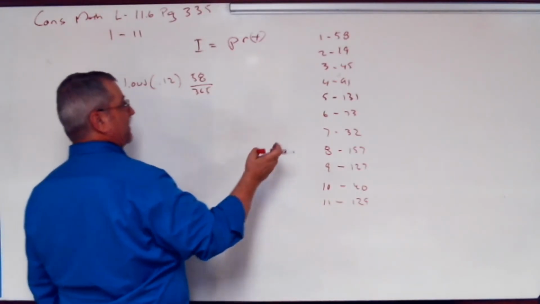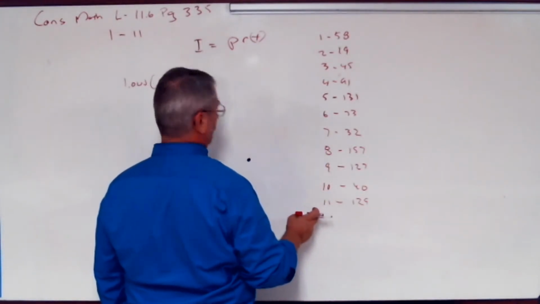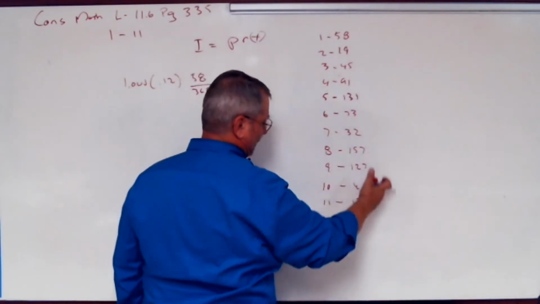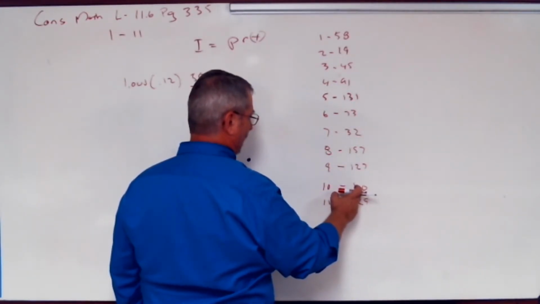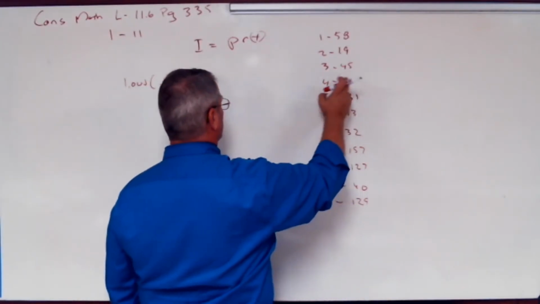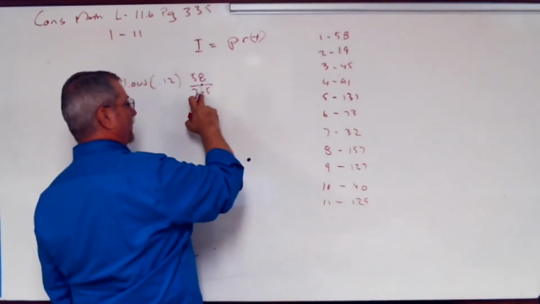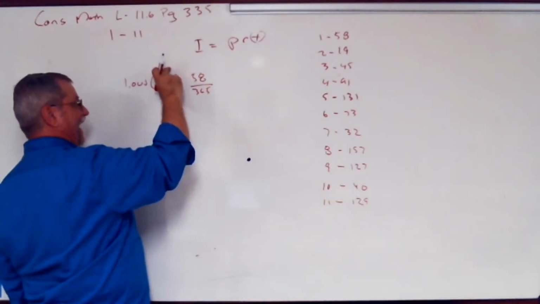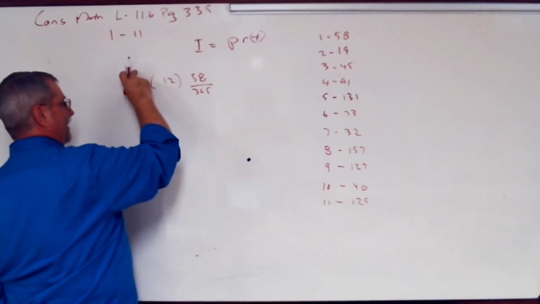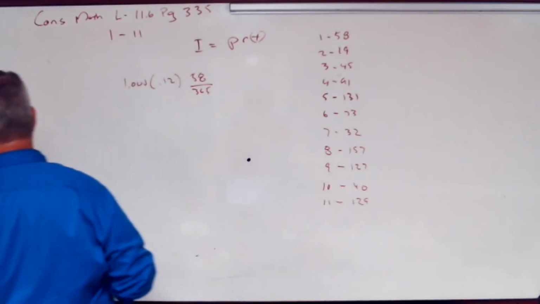The days, problems 1 through 11, those are the days. I'm telling you that's the amount of days. I looked it up in my book. You have to use these numbers. Whatever number there is over 365 is the multiplier, then the rate as a decimal, then the amount that you start with.